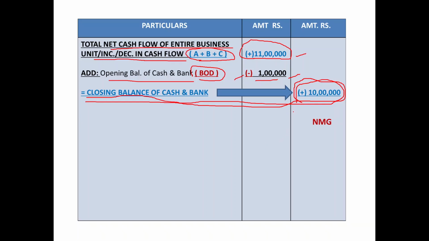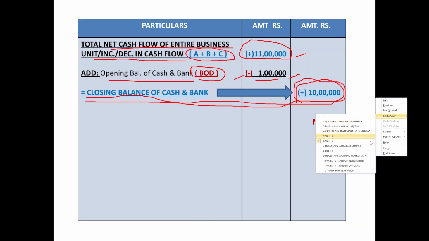So in this way, you have to proceed for each and every step of additional information, and you have to give the necessary ledger accounts, then cash flow impact, and you have to confirm the closing balance of cash and bank. This was a good question.